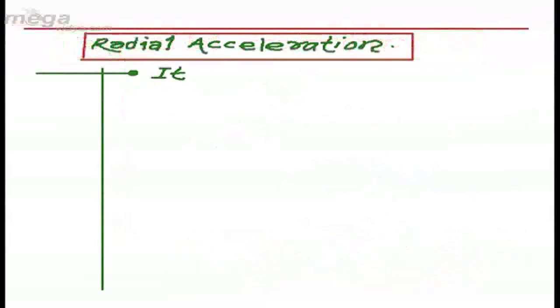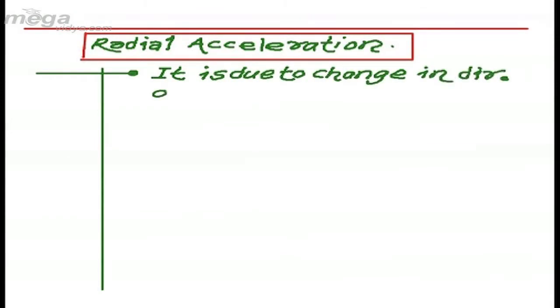Now, some facts are worth noting. Some points about the radial acceleration are noteworthy. Remember these points. The first point is that it is due to change in direction of motion.